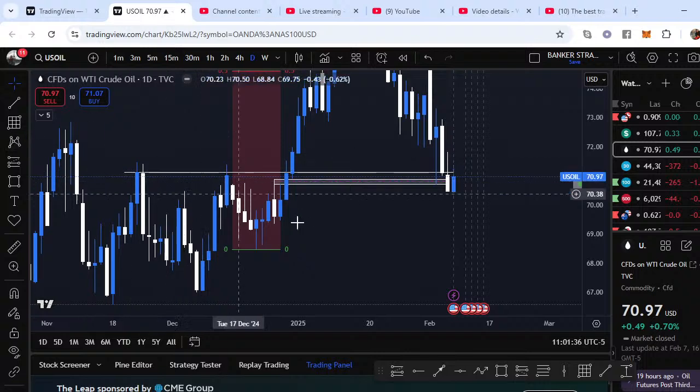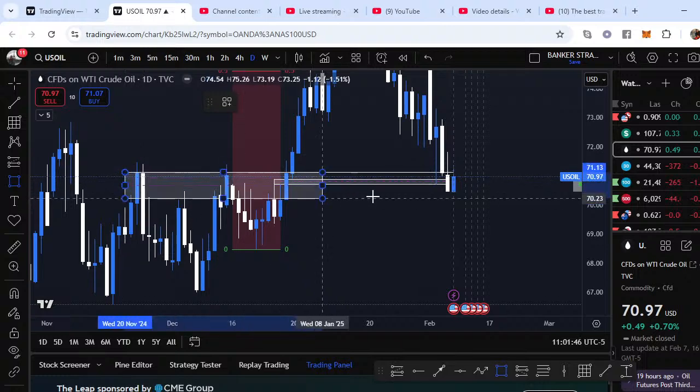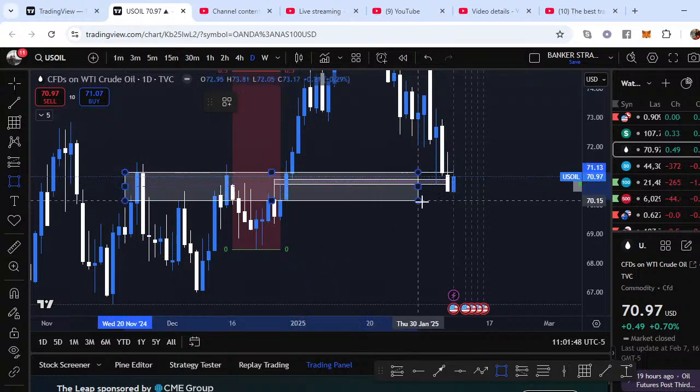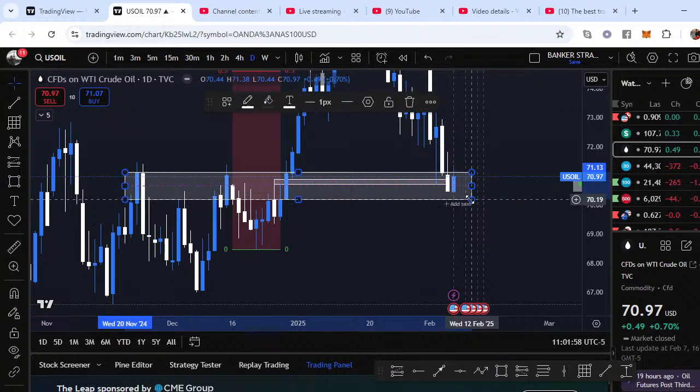Now, I just want to see something real quick. From the top of this range here, from the body of that candle to the body of this order block, it looks good. Look at that.